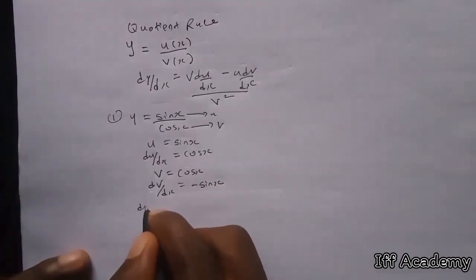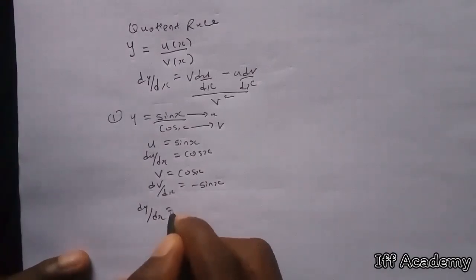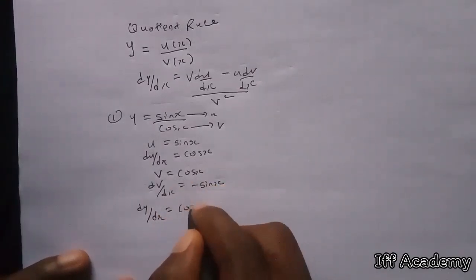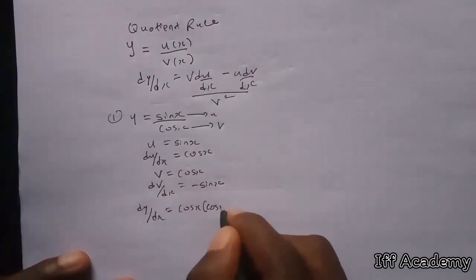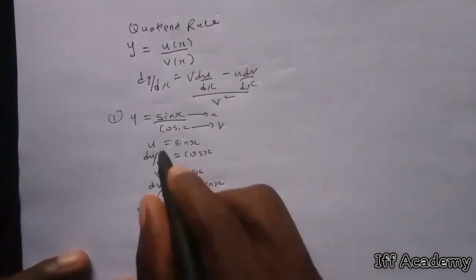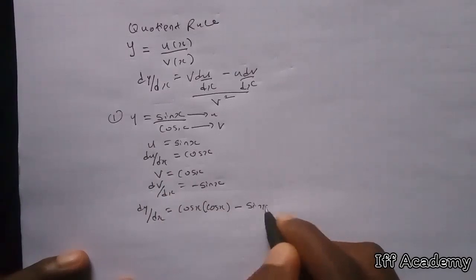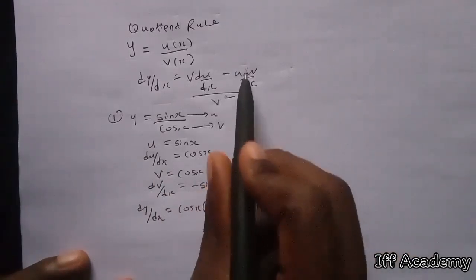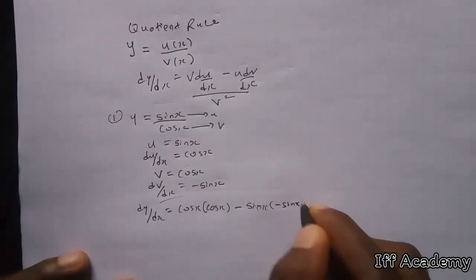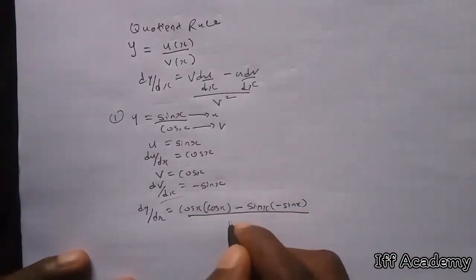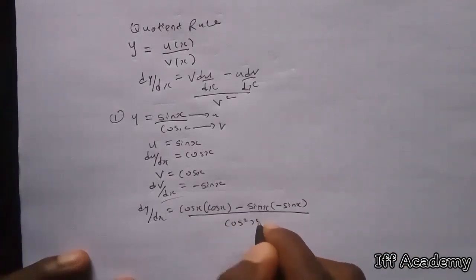So my dy over dx becomes v, cos x, into du over dx, cos x, minus u, sine x, and dv over dx, minus sine x, over v squared. That is cos squared x.